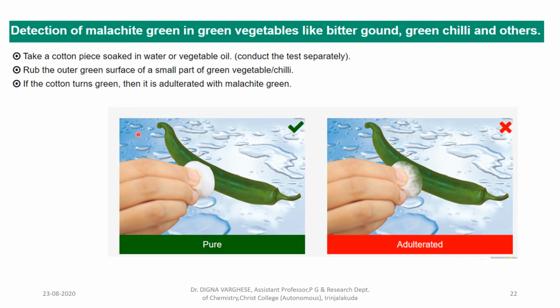Rub the outer green surface of a small part of the green vegetable, chili. If the cotton turns green, that indicates the presence of malachite green in that particular sample, that is, the chili is adulterated with malachite green. Here in this picture we can see the pure chili.